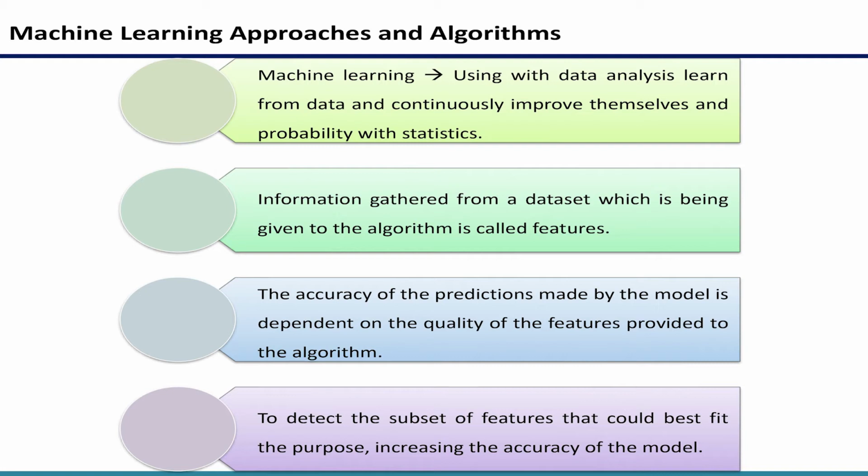We use that type of model to get accurate, highly predictable results. So we detect the subset of features that best fits the purpose, increasing the accuracy of the models. We find a subset of the features, not the whole set, more specific features about small cells, a very small point of features, and extract those, and then we get more accurate results.